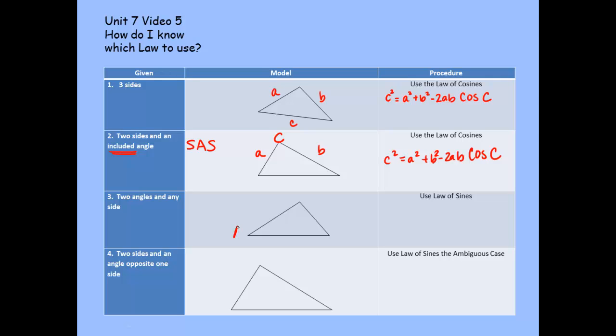All right, and then we have the next one, when I have any two angles and any side. So if I say this is angle B, this one's angle C, and any side on here, let's say I was given side B, I would be using the law of sines.